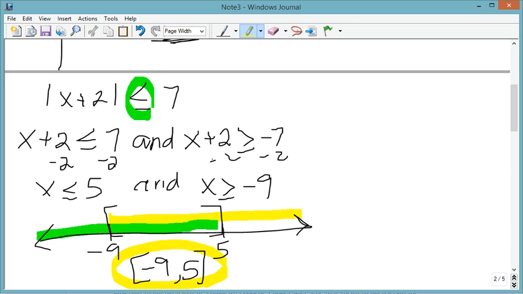Negative 8 should work because it's in that interval. So if I plug negative 8 in up here, it'd be the absolute value of negative 8 plus 2. Well, that's negative 6. The absolute value of negative 6 is positive 6, and 6, sure enough, is less than 7. So this is what we have as our solution.